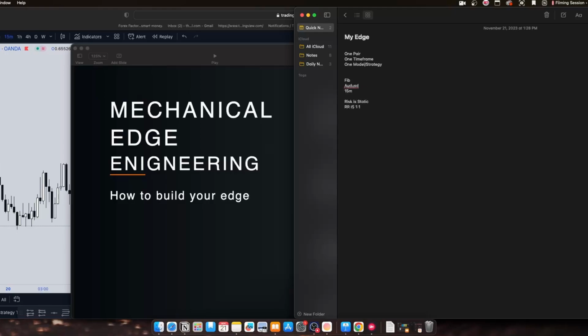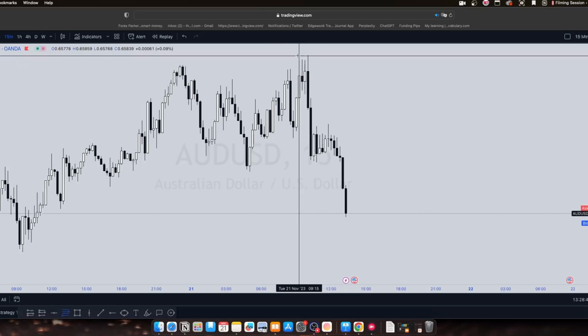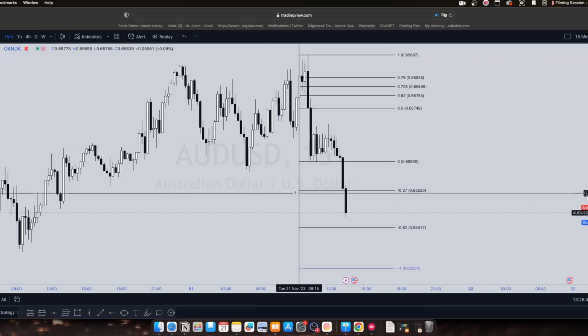It's going to be hard, but you're going to find your edge like this, and you're never going to need another strategy again. Static RR, 1 to 1. Don't place an RR based off what you think is going to happen. For my example, I use the fib as it's my trading concept. Simple.